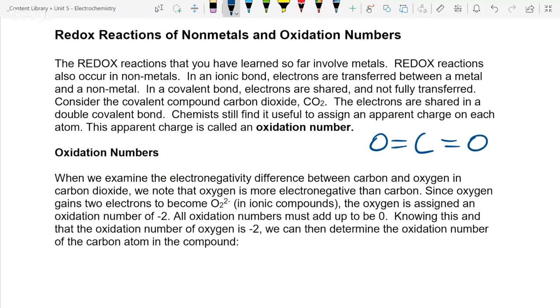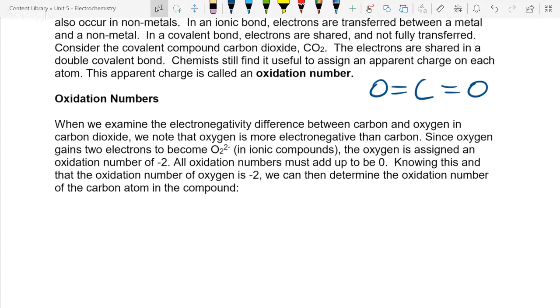But what we do is we still find it useful to apply sort of an apparent charge on each atom. And the apparent charge is called its oxidation number. Does that make sense? So when we look at carbon dioxide, we look at the electronegativity difference, and we know that which one has a bigger pull on electrons, oxygen or carbon?